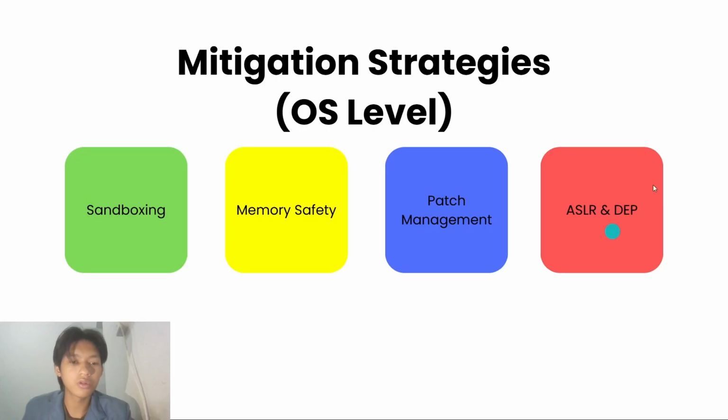We are also seeing a shift toward memory-safe languages, such as Rust, for system-level coding. But for us, the users, the most critical defense is system updates. The security patches aren't just about the emojis. They contain the code that closes the zero-day holes. Always keep your Android or iOS updated to the latest version.